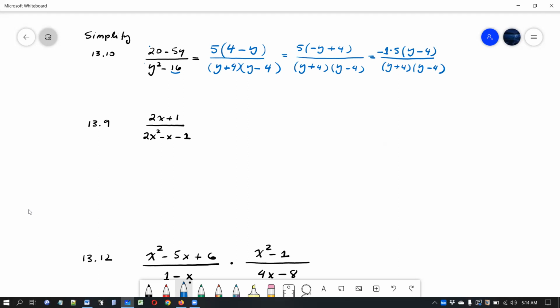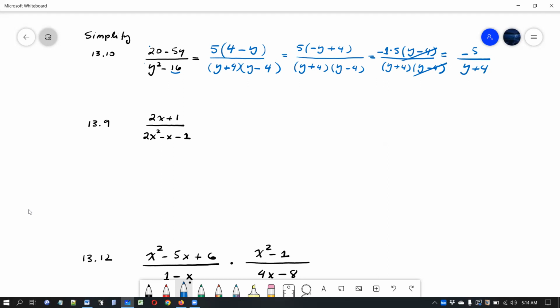Minus 1 times y, minus y, minus 1 times minus 4, positive 4. And now these match. y minus 4 and this y minus 4 cancel. And I am left with minus 5 in the numerator, y plus 4 in the denominator. And that's my final.